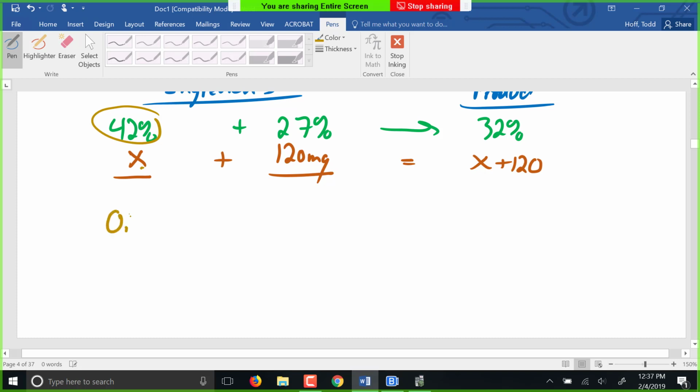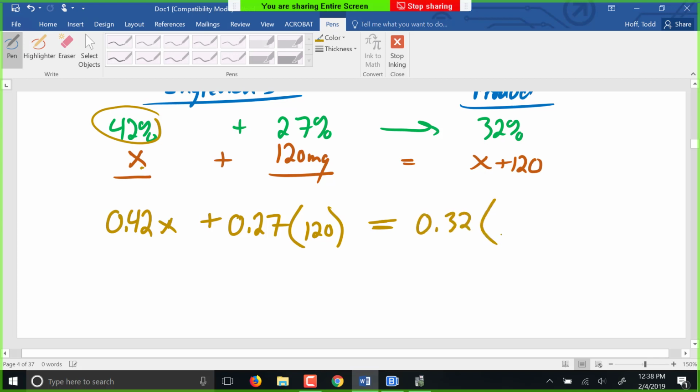So 42% as a rate is 0.42 times the amount of X. We add that to the other ingredient, the 27%, as a rate is 0.27 times its amount is 120. And the amount of the ingredients has to equal the amount of the final product. That's 32%, so that's 0.32 as a rate, times its amount of X plus 120.